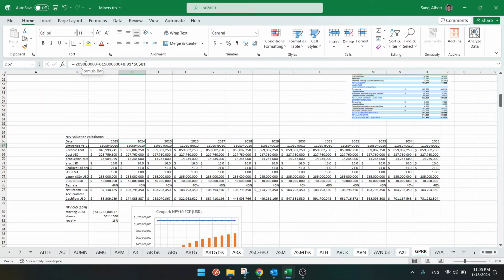Yeah, they should be able to pay off debt. So I will reduce this maybe like this. And they will be debt free in a few years from now.